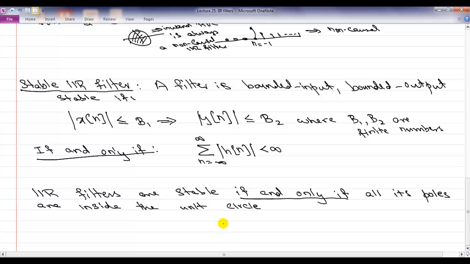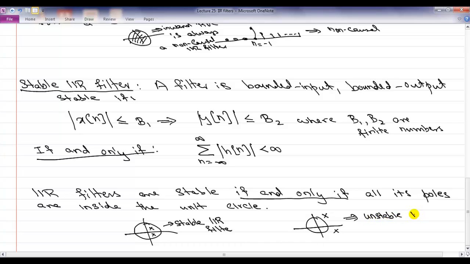So just by looking at the pole zero diagram, you can tell whether the IIR filter is stable or unstable. So if this circle is the unit circle and you are given a diagram like this, you know that this is a stable IIR filter. On the other hand, if you are given a pole zero diagram like this, then this is for sure an unstable IIR filter.